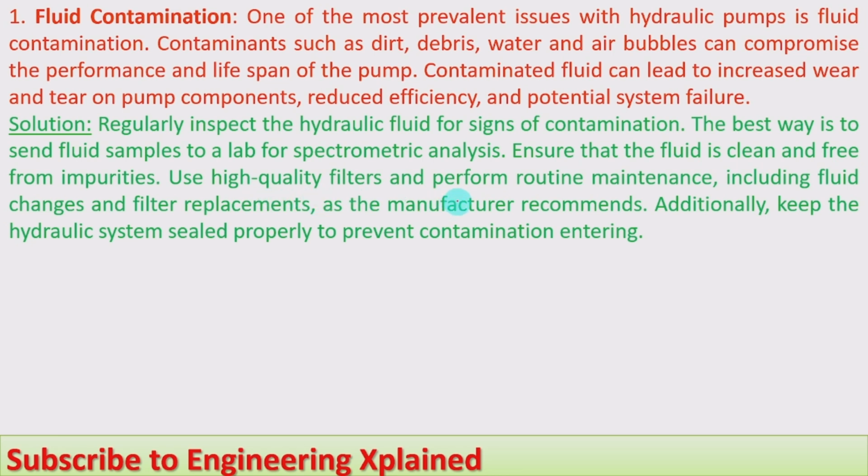Use high quality filters and perform routine maintenance, including fluid changes and filter replacements, as the manufacturer recommends. Additionally, keep the hydraulic system sealed properly to prevent contamination from entering. The contamination may come from inside the system and from outside the system, and both should be avoided by keeping the hydraulic system well sealed.